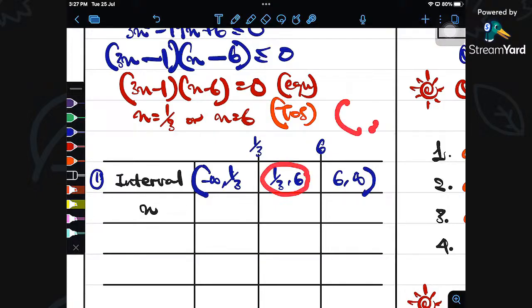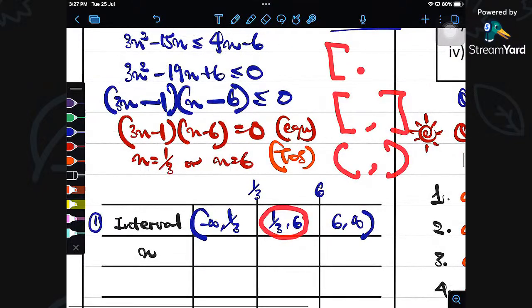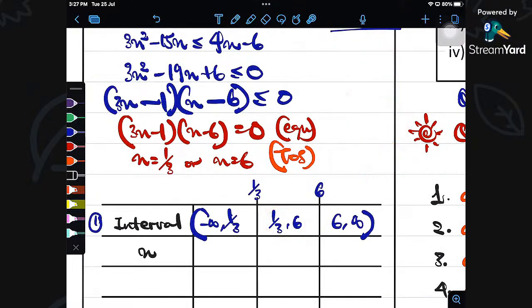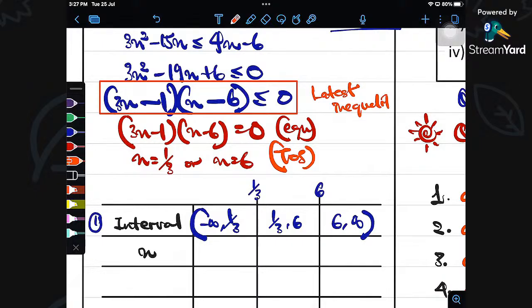Sama ada dia open bracket or dia close bracket, or even half open. How do I know which one? It is actually based on your latest, saya panggil dia latest inequality lah. The latest inequality said that we have a less than or equal sign.